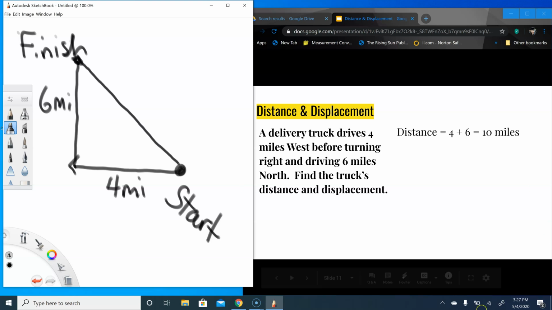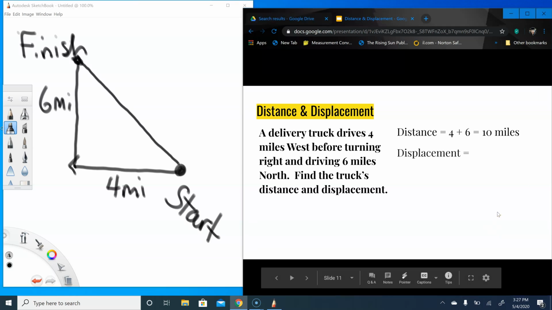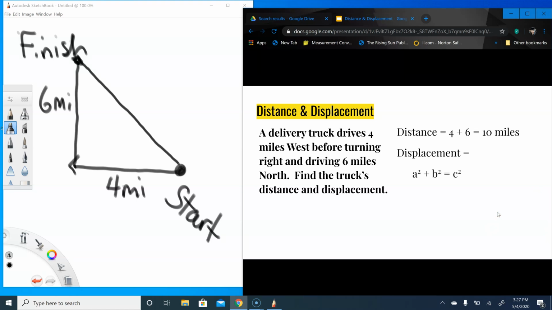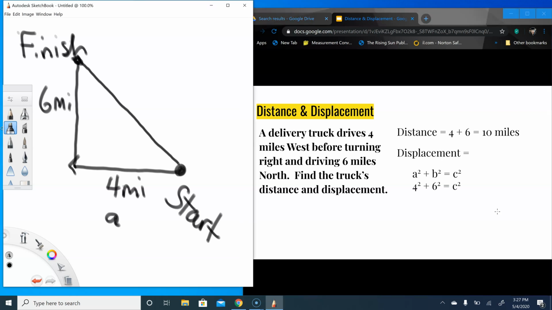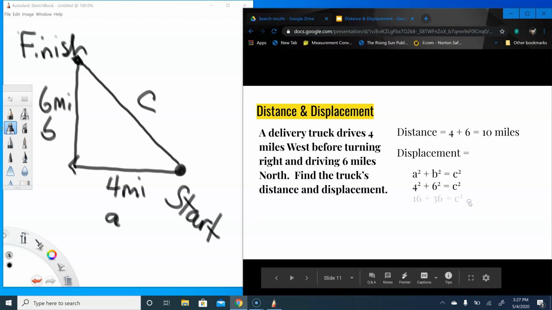Okay, so what we're going to need to do is first write out our equation: a squared plus b squared equals c squared. In this example, we'll make this our a, our b, and our c. So we put our 4 in for our a leg, 4 squared, and then we put our 6 in for our b, 6 squared, and it should equal c squared.